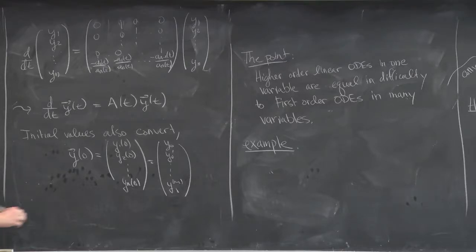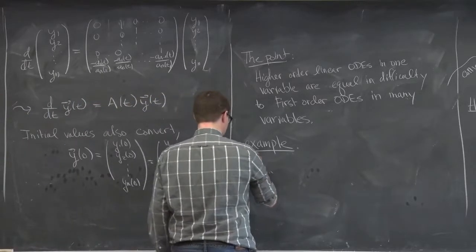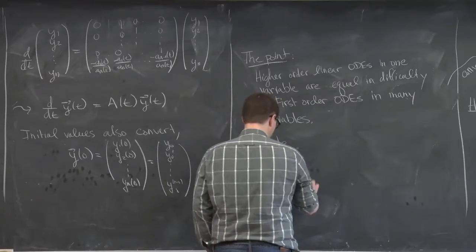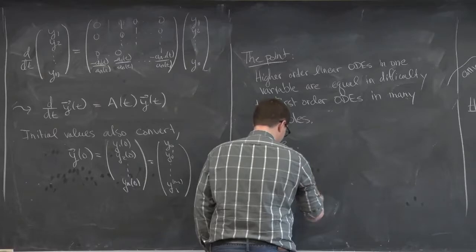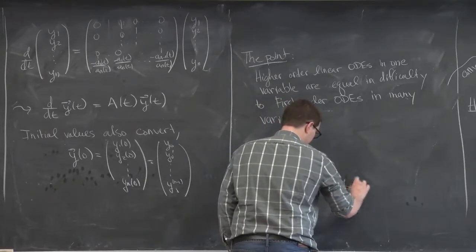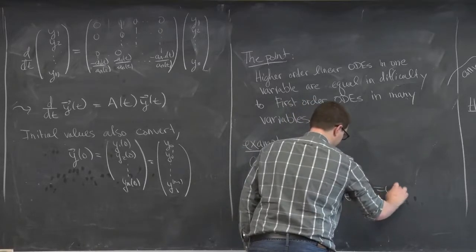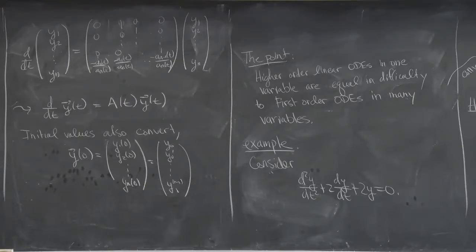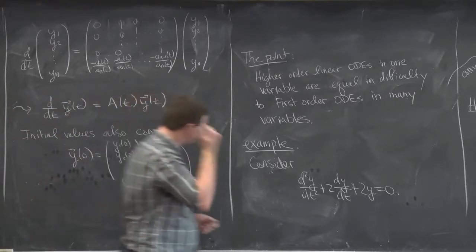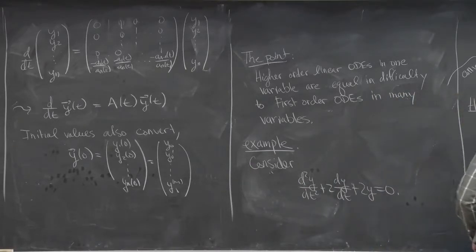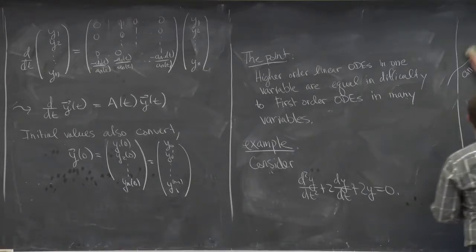Okay, so let's consider the ODE that we've been playing around with this whole time, right? d squared y/dt squared plus 2 dy/dt plus 2y is equal to 0. All right? So let's convert this to a higher order system.